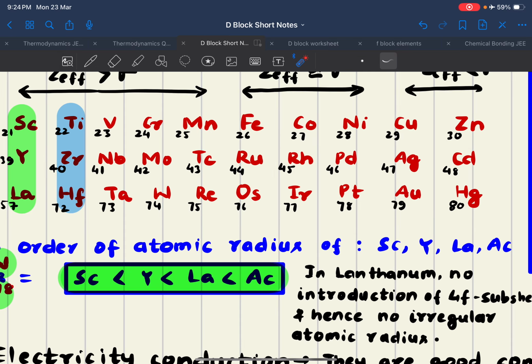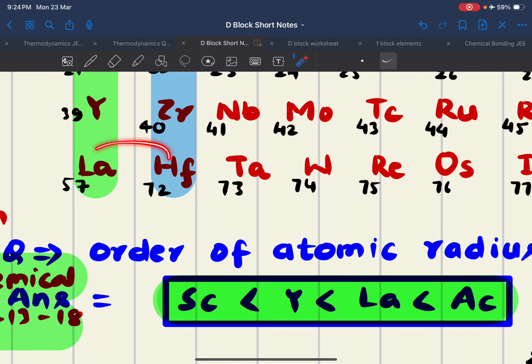Apart from that, if you look down the group, like 3D series, 4D series, and 5D, as we go down, the number of shells increases, so obviously the atomic radii increases. But if you compare with the 5D, there is a problem because of the poor shielding effect of 4f subshell. Poor shielding effect of 4f subshell.